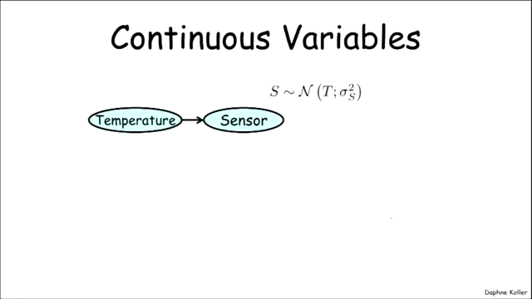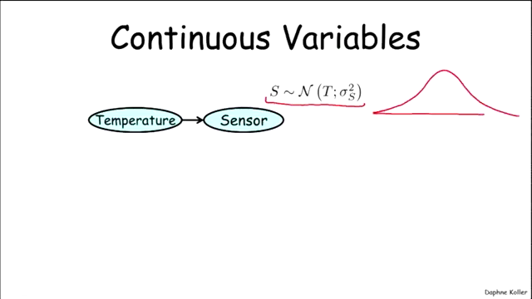And so one way to capture that is by saying that the sensor S is a normal distribution around the true temperature T with some standard deviation, sigma S. So this defines for every value of T a distribution over S in a very compact parametric form that has just the parameter sigma S, and we just say that S is a Gaussian around the value of the variable T.